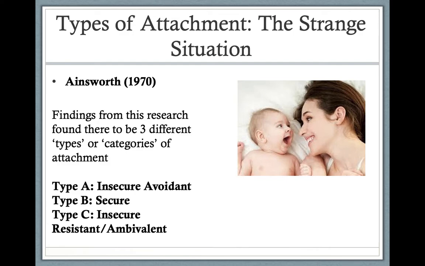So you've got type A, which is insecure avoidant. The way I remember that is just avoidant begins with A, so that's type A. Type B is secure attachment. This tends to be the most common form of attachment and probably the most desirable type as well. And then you've got lastly type C, which is known as insecure resistant or insecure ambivalent. That tends to be the least common attachment type.